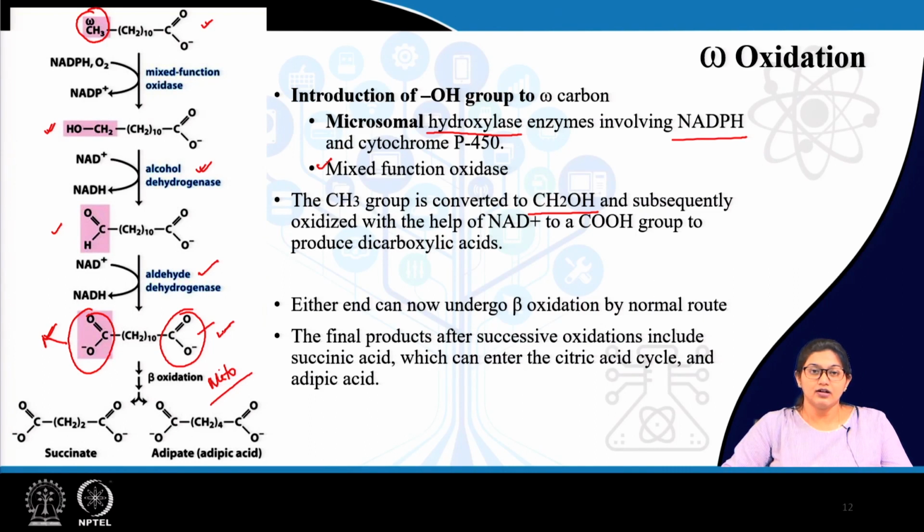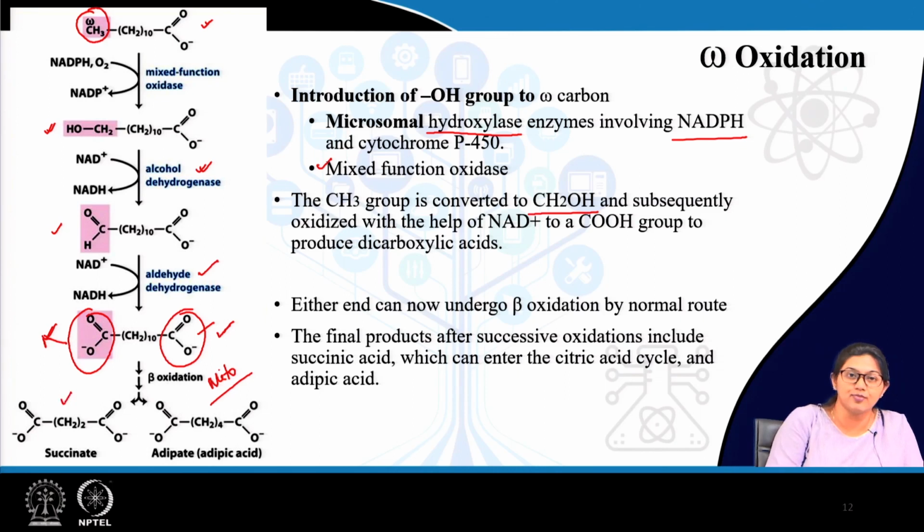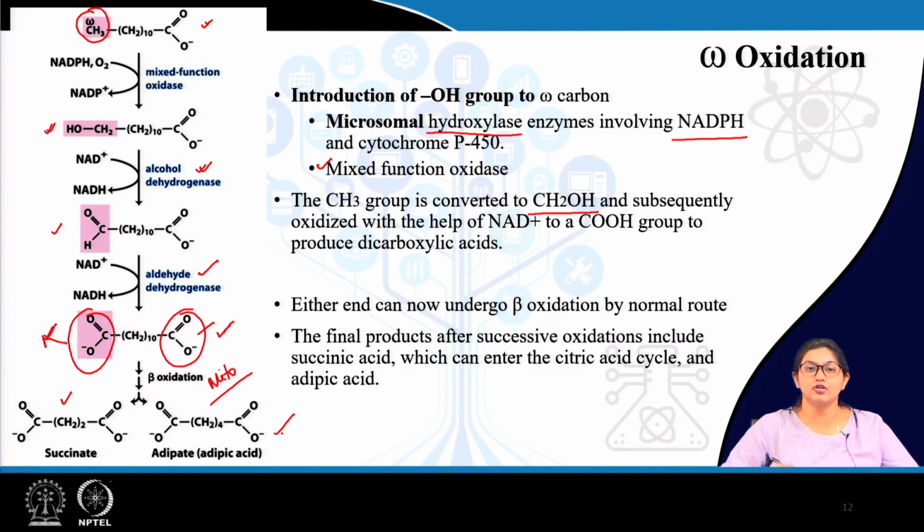So, what is the fate of the beta oxidation of these dicarboxylic acids? There is formation of succinate and adipic acid, the end products. So, these are the two end products of beta oxidation of those dicarboxylic fatty acids which originated in the process of omega oxidation. Remember, that is one very important question.